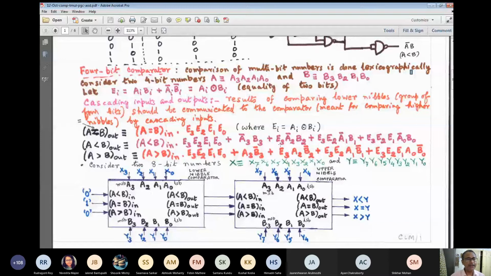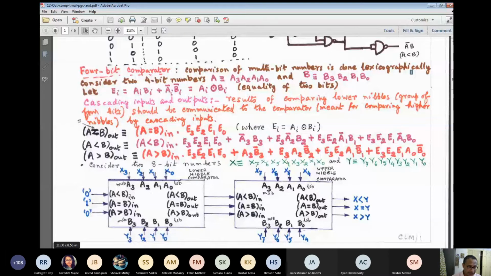If the equality holds and in addition these hold, then I can say A is less than B. Or else, suppose this is not true, then I have to look for this. Of these 4-bit numbers, these two are the most significant. So if A3 happens to be less than B3, we can at once say the number A is less than the number corresponding to B.